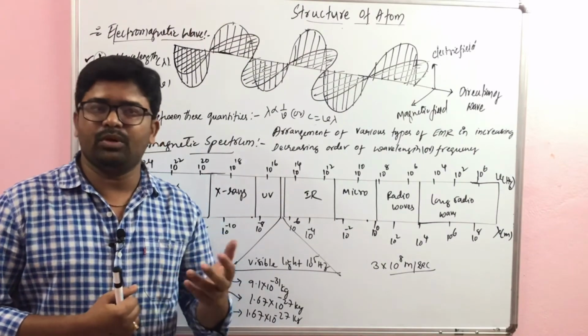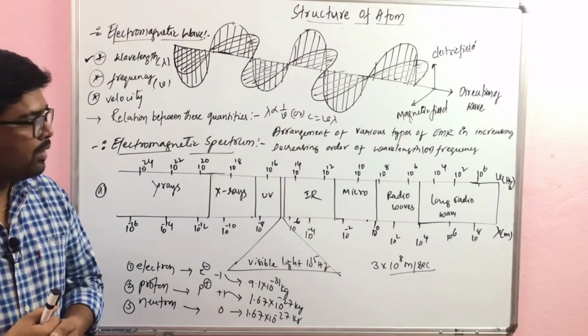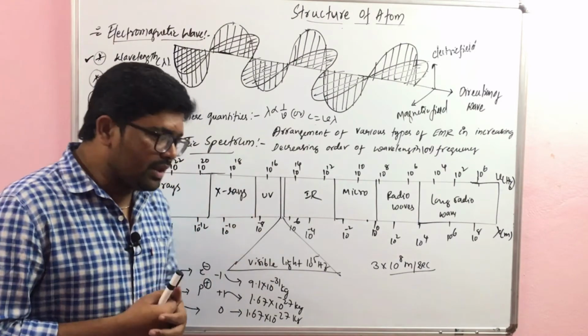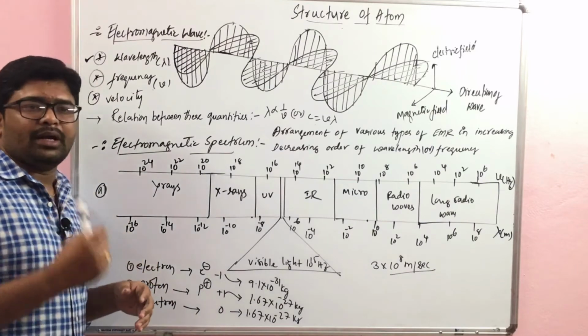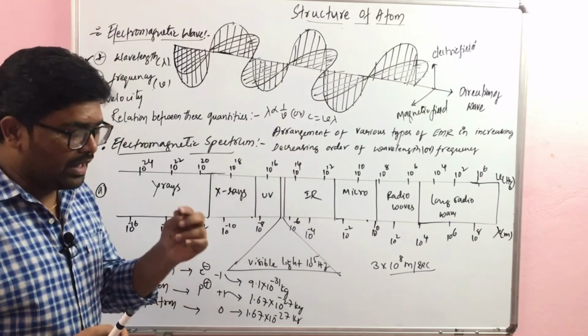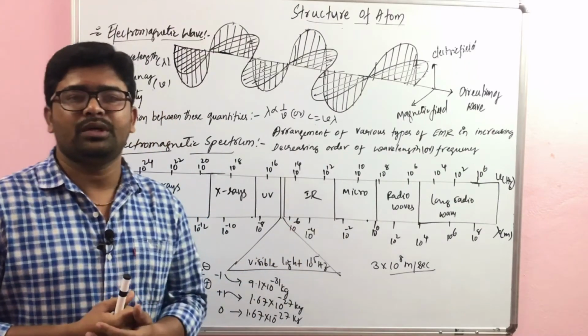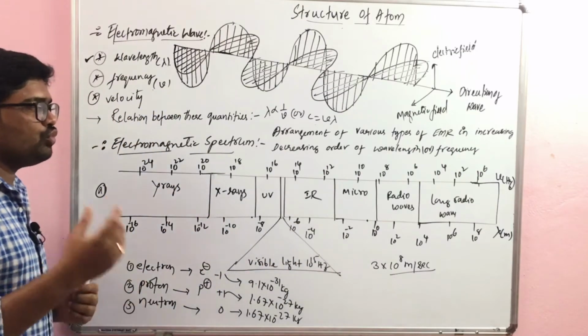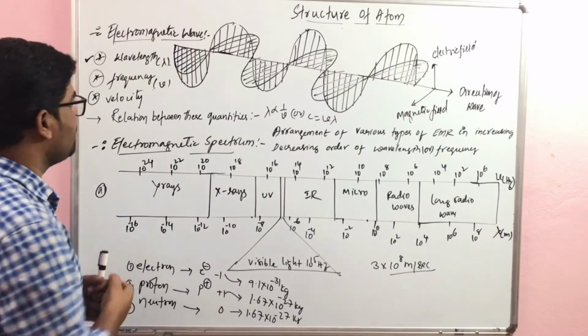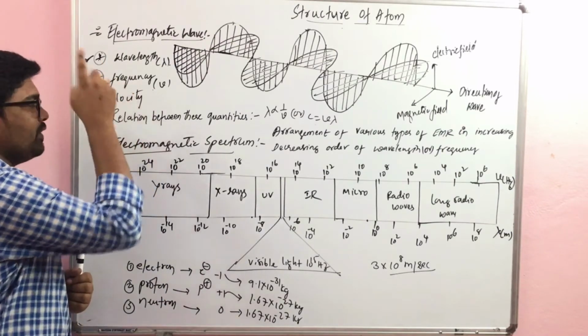Students, remember that every electromagnetic wave has certain characteristic properties. Like sound waves and water waves, electromagnetic waves have two very important characteristic properties, wavelength and frequency.